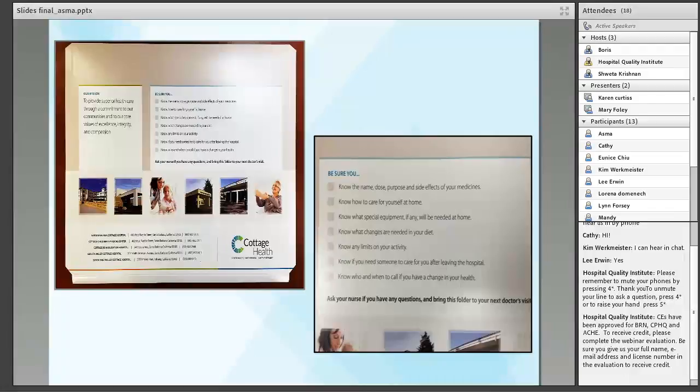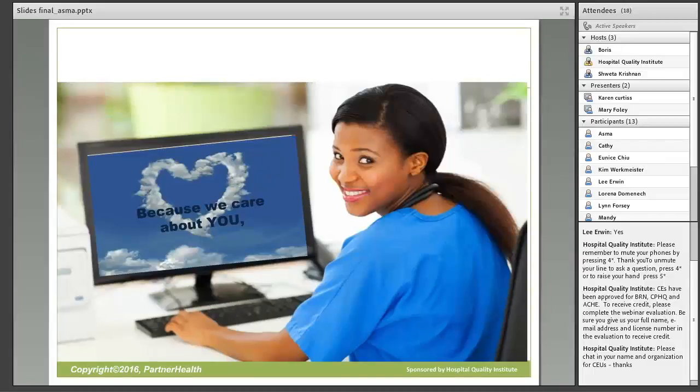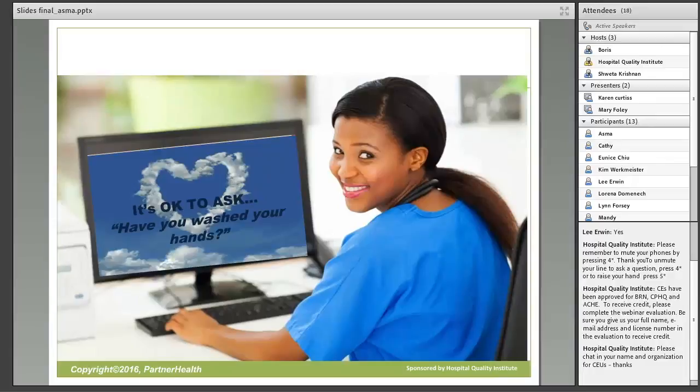Another thing that we saw was absolutely stunningly powerful when we were doing work at Providence Hospital in Anchorage, Alaska. All of the monitors in the ICU had this message that scrolled across the screen. The first part of the message is, because we care about you, it's okay to ask, have you washed your hands?